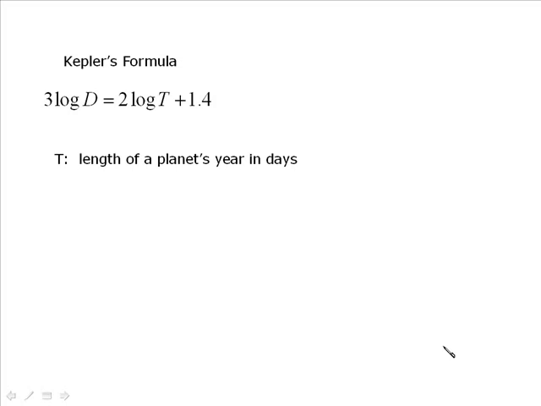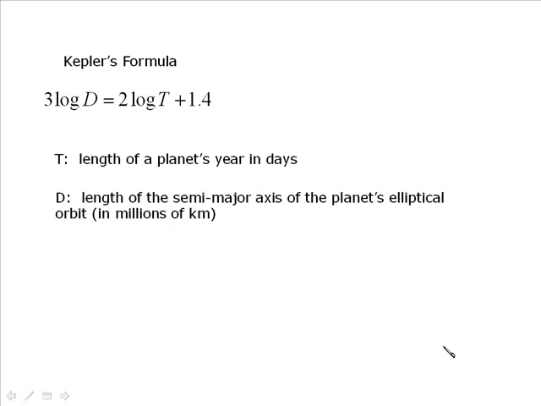I'll note that it's base 10, since no base is given. T is the length of a planet's year in days, and d is the length of the semi-major axis of the planet's elliptical orbit, in millions of kilometers.